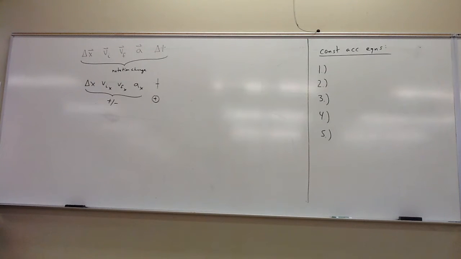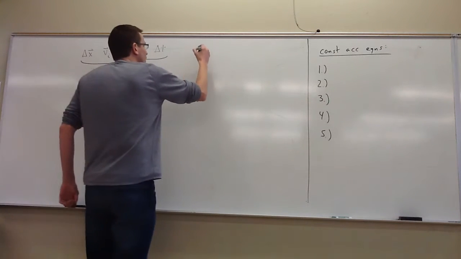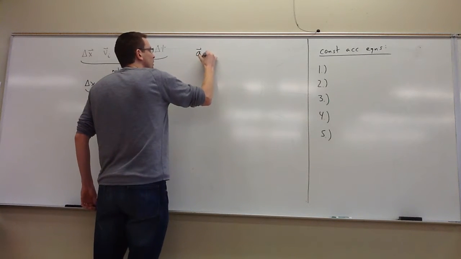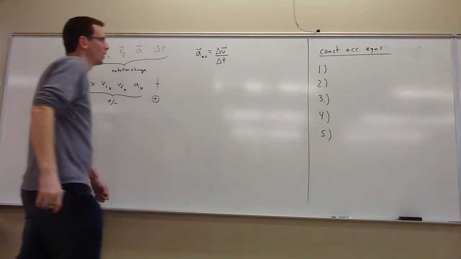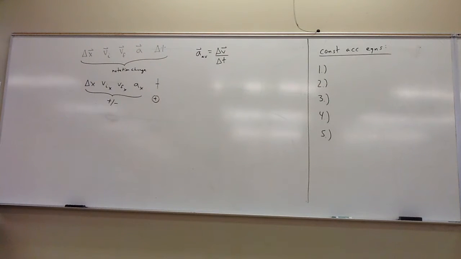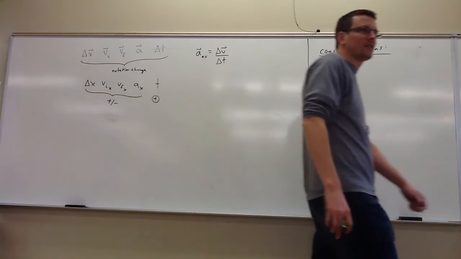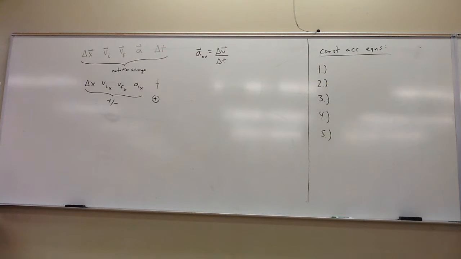So let's go ahead and take what we already know and just start shoring up the relationships. One of the things, of course, we know, is the definition of acceleration. We defined average acceleration. Acceleration is how much your velocity changes with time. That was the way we wrote it down before.